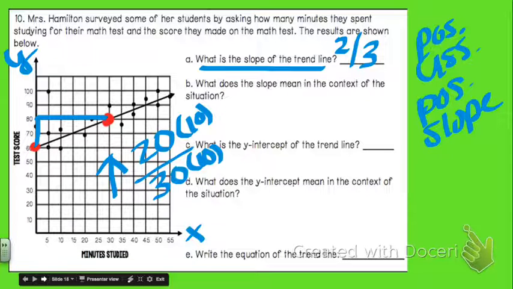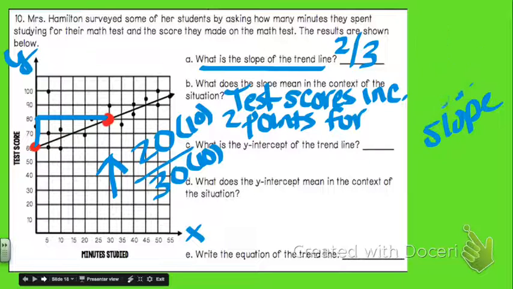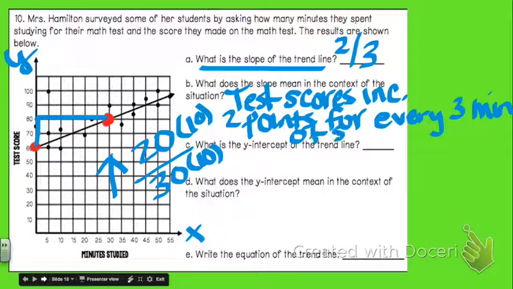Okay, so slope means that the test scores increase 2 points for every 3 minutes of studying.